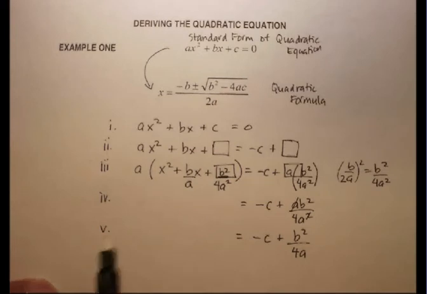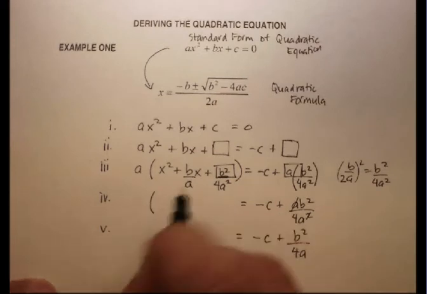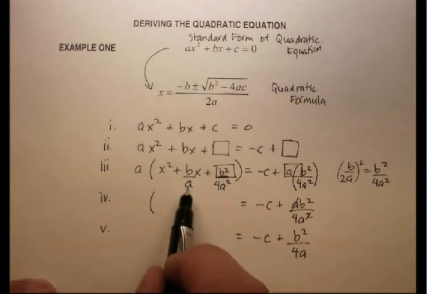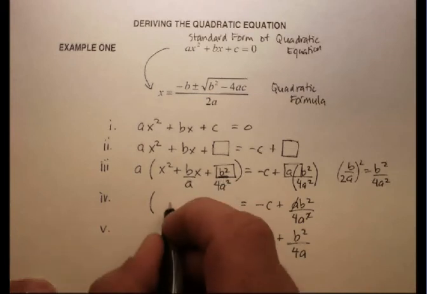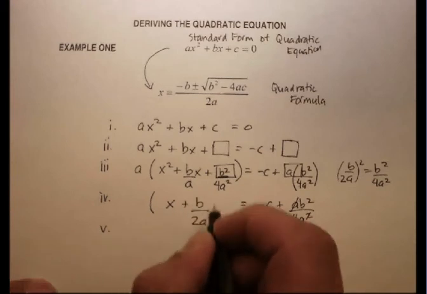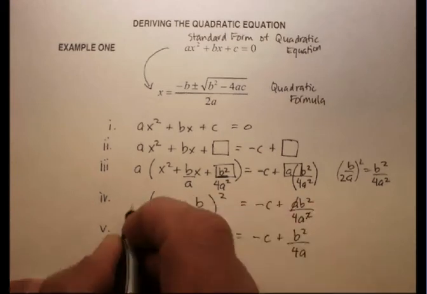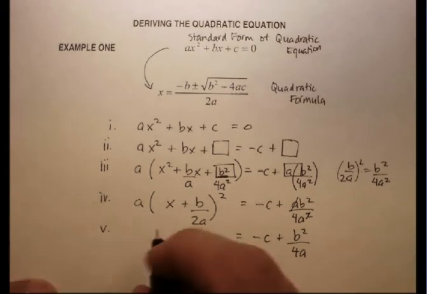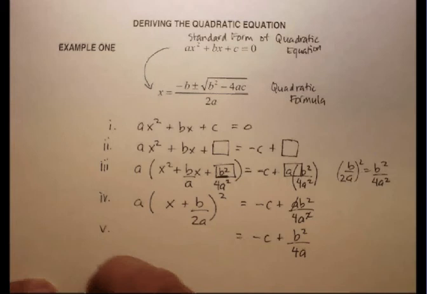It looks a little complicated, but remember how we do it. You just take half of this squared goes here, half of this goes into the factored form. So it's going to be x plus b over 2a quantity squared, and there's my a. Okay? Step 5 we said was that part. Let's go with step 6.